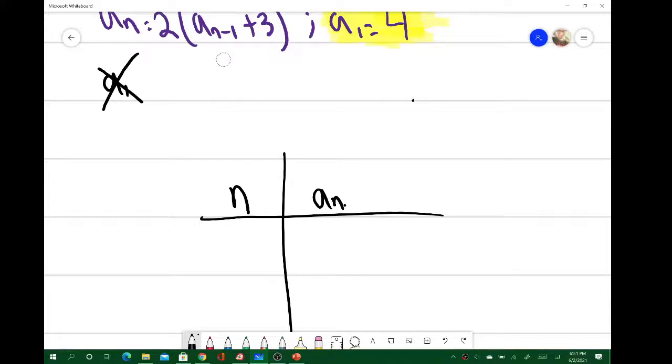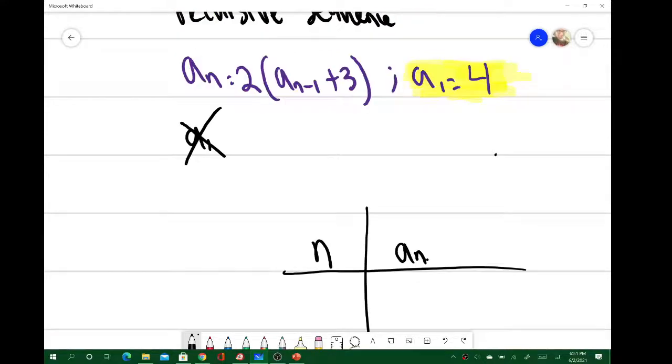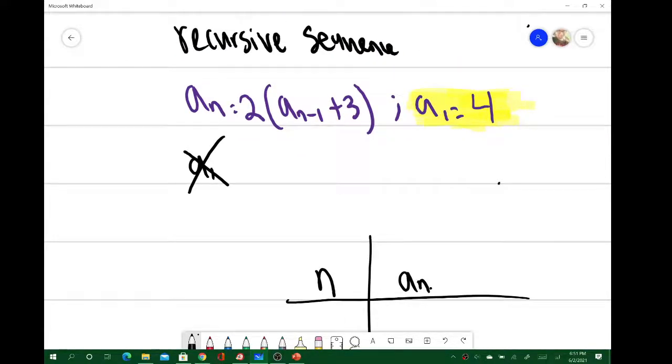So the best way, and this is why you have to use your brain a little bit, is to think of a pattern. For example, what about a sub 2? Well, that's equal to 2 times a sub 2 minus 1 plus 3.